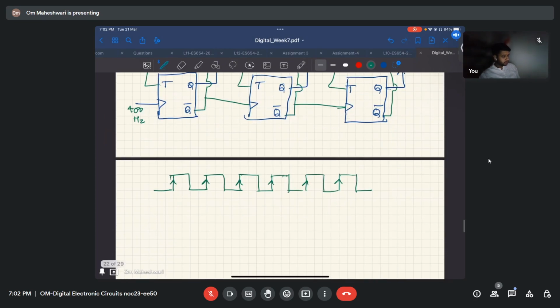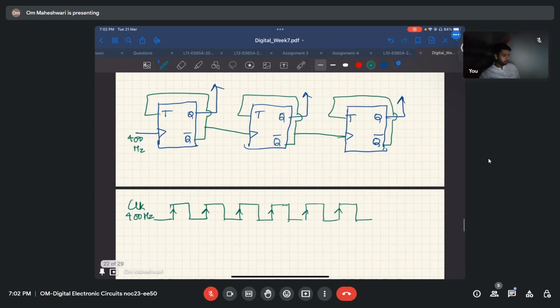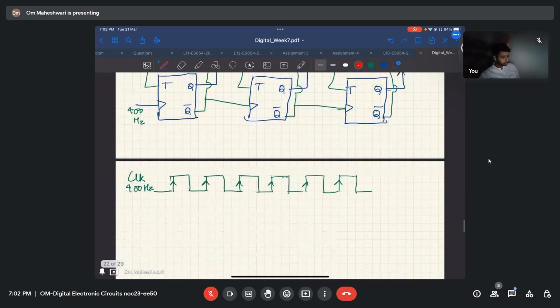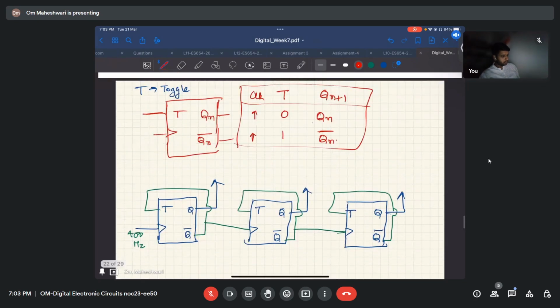Let us say it is positive edge triggered. So this is clock, 400 hertz. Okay, now what will be the Q output, right? Q, since T is Q bar.